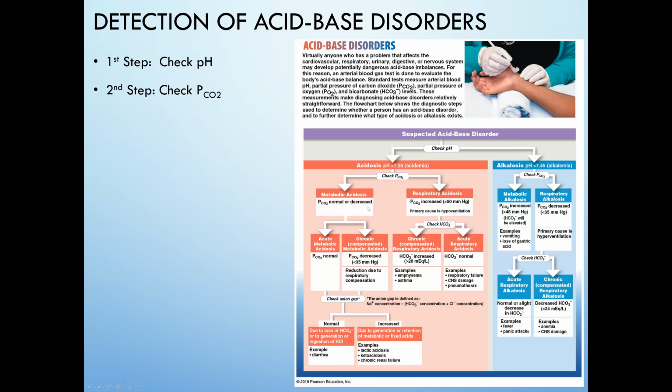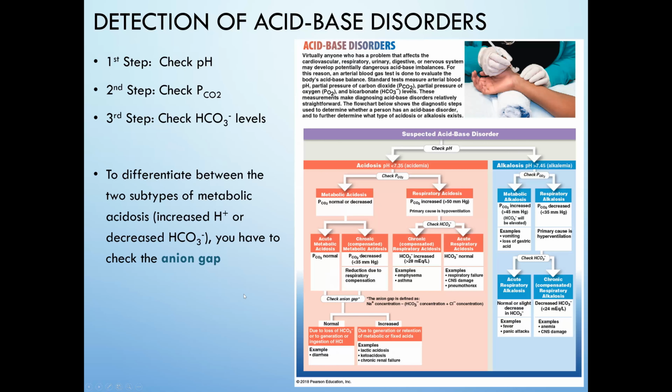The next thing you would do is check the bicarbonate levels to see if they're normal, decreased, or increased. And then if you have narrowed it down to a possible metabolic acidosis condition, remember with metabolic acidosis you can have either a loss of bicarbonate or an excess production of acid. To differentiate between the two subtypes of metabolic acidosis, you can check what is called the anion gap.